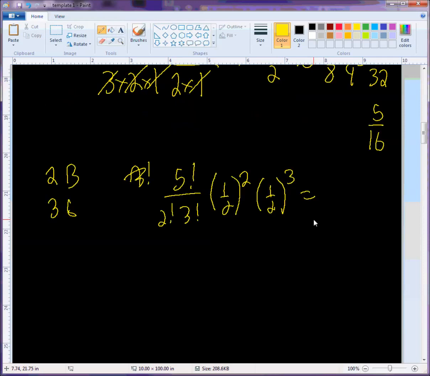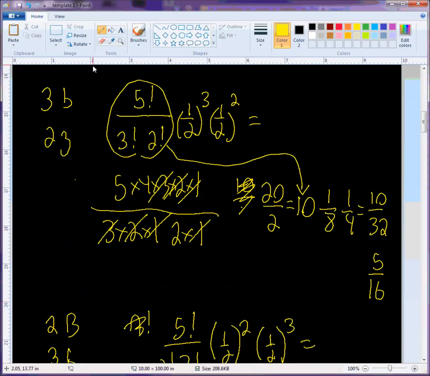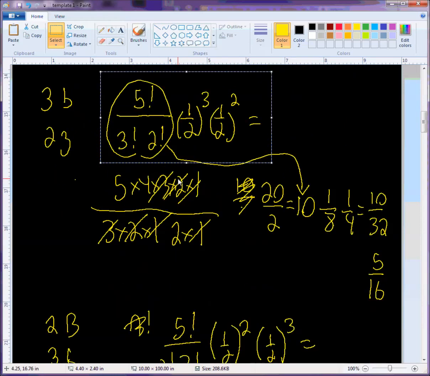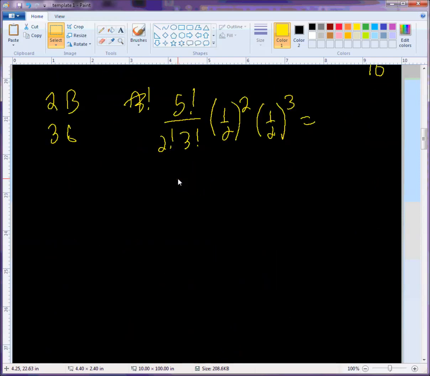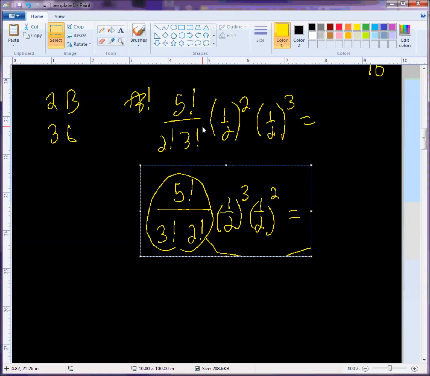So let's take a look and compare. I can copy and paste this and put them right next to each other. So up here, this was the formula for part B. And paste it right below the formula for part C, and we can see that they're essentially the same, right?